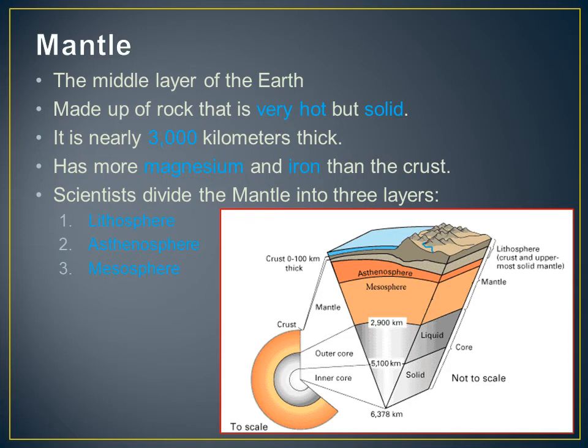The mantle is nearly 3,000 kilometers thick, and it has more magnesium and iron than the crust. Now, I don't necessarily want you to remember these, but I do want you to know that the mantle is subdivided into 3 additional layers: the lithosphere, the asthenosphere, and the mesosphere.